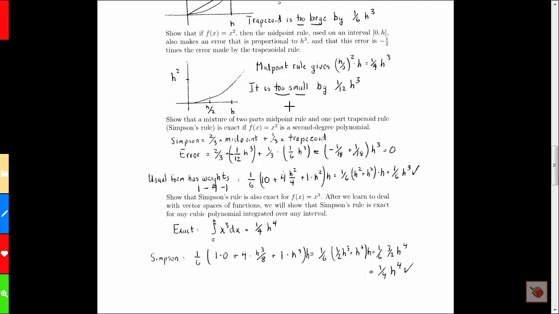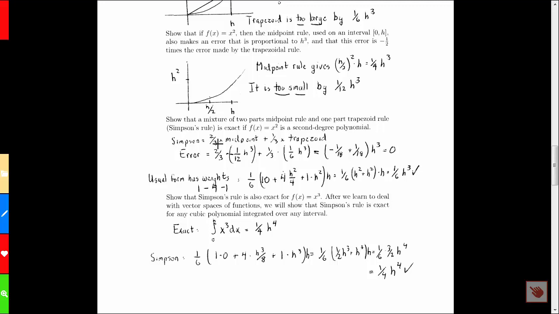This is known as Simpson's Rule, and it's already clear that's going to be exact on the second degree polynomial f of x equals x squared. This is the right way to remember Simpson's Rule. It's 2/3 midpoint plus 1/3 trapezoid, designed so that the errors cancel out on the polynomial x squared.